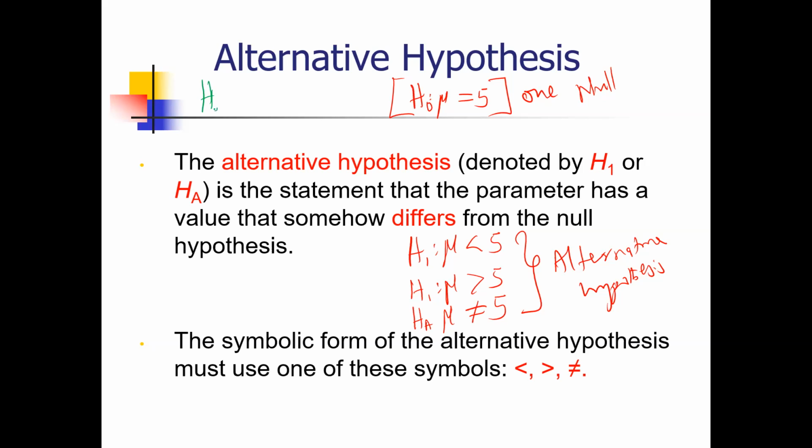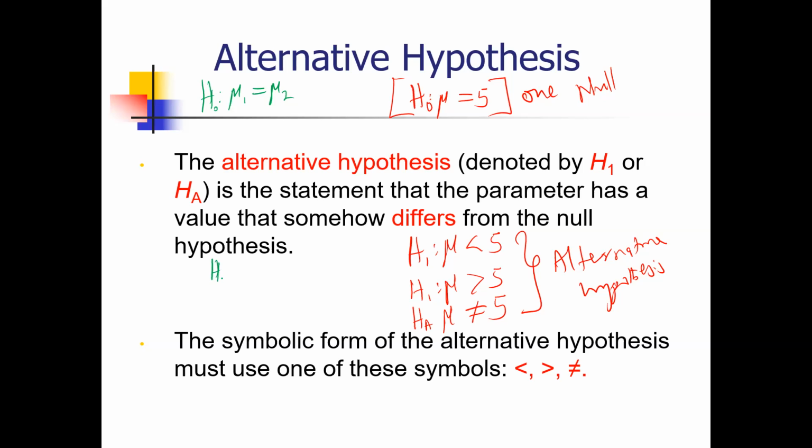I will have the null stated like this: mu1 is equal to mu2. This is saying one group is equivalent to the other group. The key thing again is that the null will always use the equality sign. The null just agrees with the claim. The alternative for this one will be stated this way.